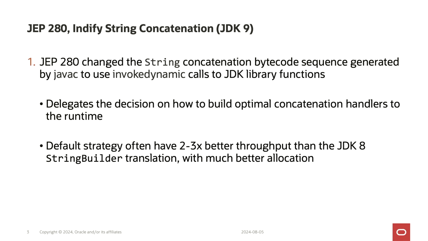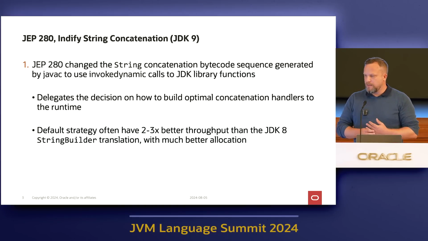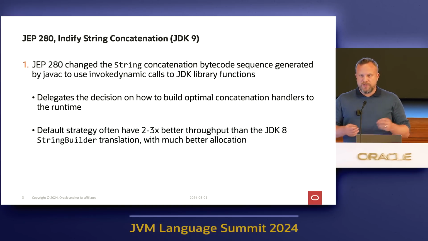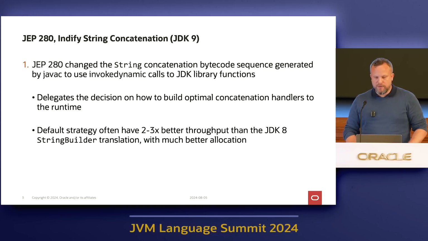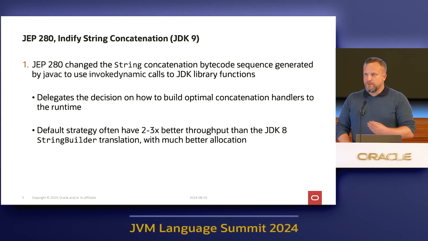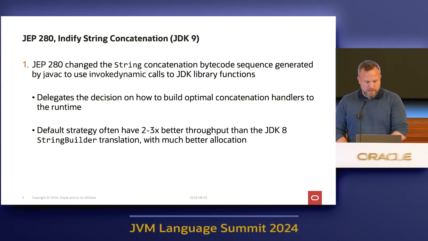JEP 280 set about to change how string concatenation is translated by javac from the traditional bytecode sequence of StringBuilder append chains into using an invokedynamic to defer or delegate how to translate string concatenations to the runtime, to the JDK core library.